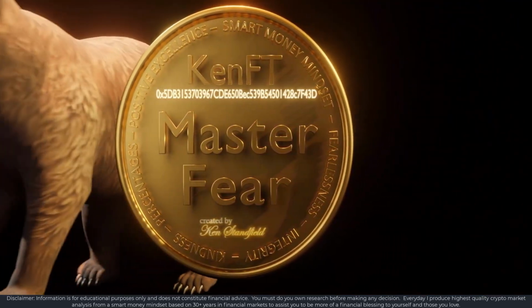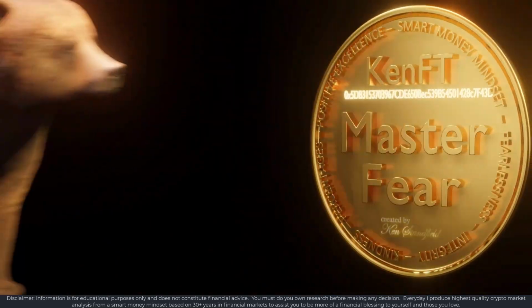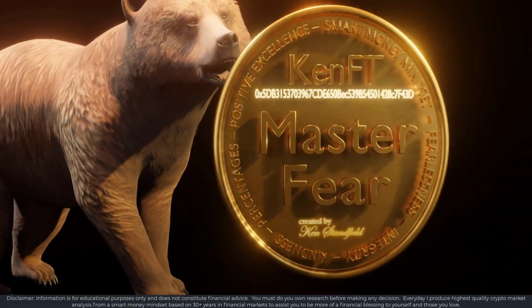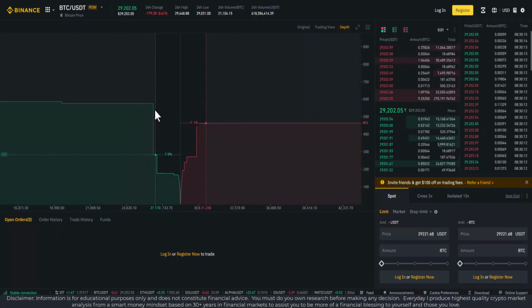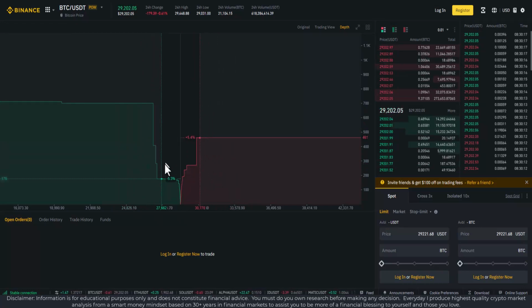One thing to always bear in mind, your emotional control dictates your level of profitability. And you can see just how dramatically the depth chart can change around. You can look at buy walls and sell walls. There's so many interesting things to look at.